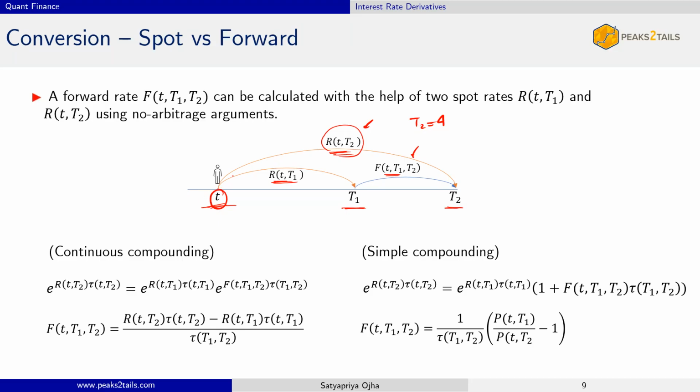You get the rate applicable for the entire 4-night period, and that is a spot rate because your period starts right away. Or you can do one thing. This is a stupid thing to do. There will be two separate bookings. First, you book for 2 days starting right now. This is 2 days. T1 is 2 days.